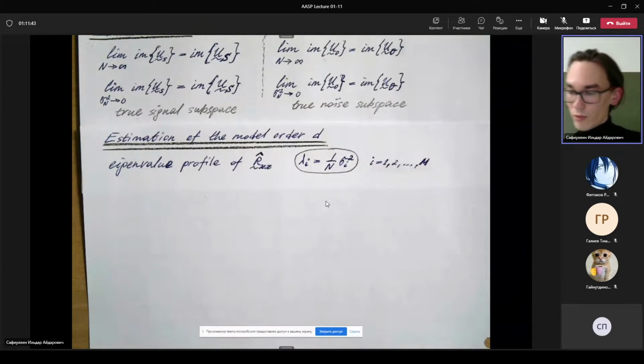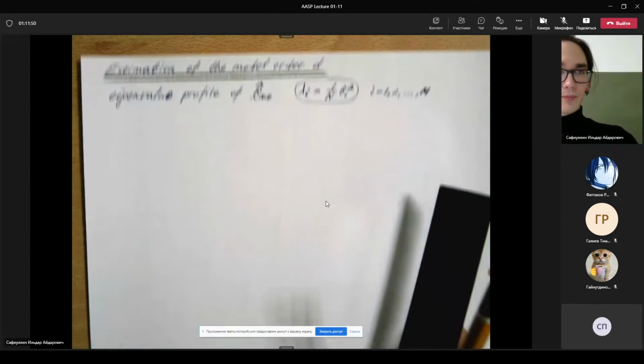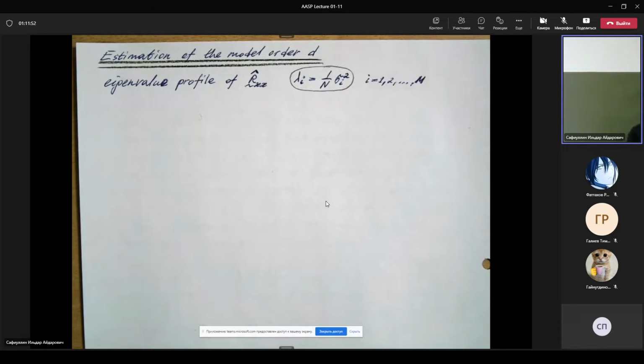So now I will show you some example of an eigenvalue profile. For the x-axis, we'll have the number of experiments, time snapshots, and for the y-axis, the eigenvalue.